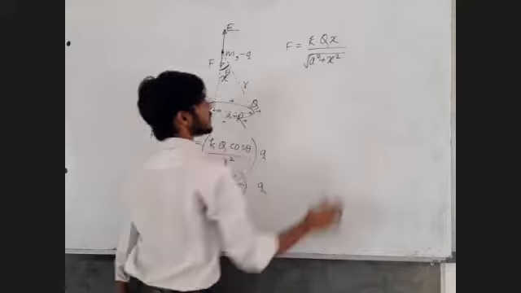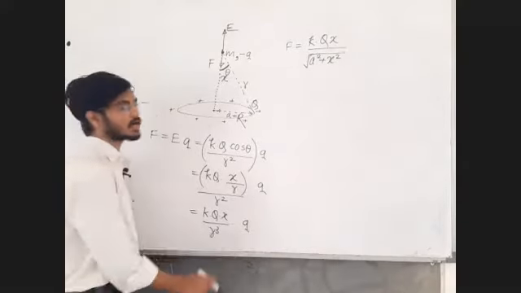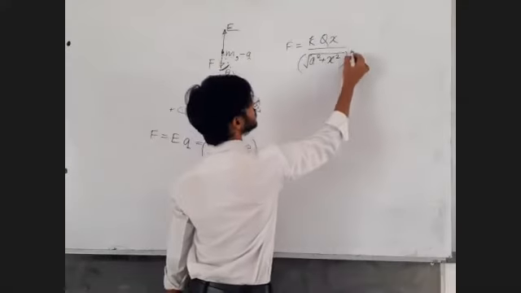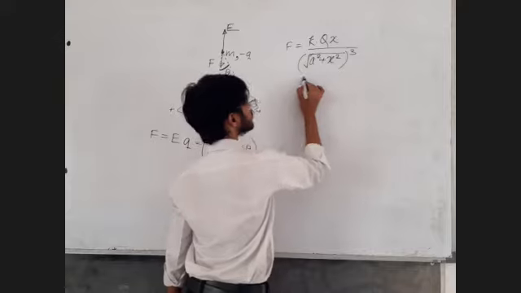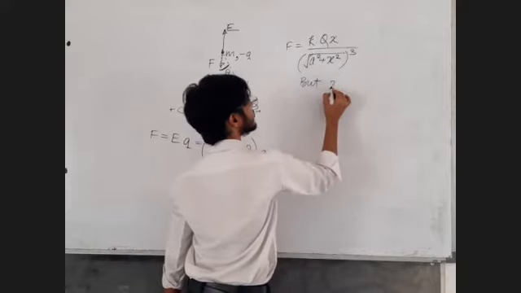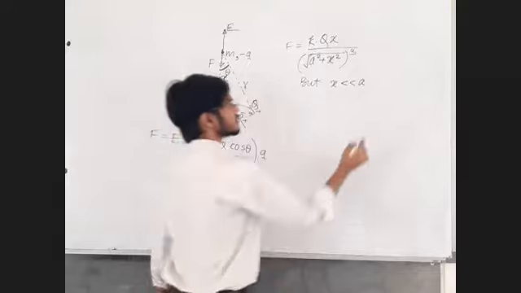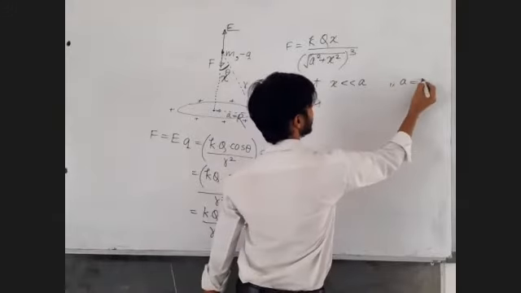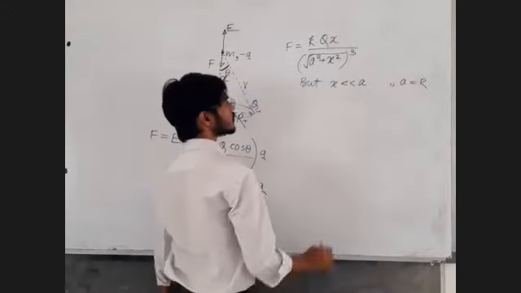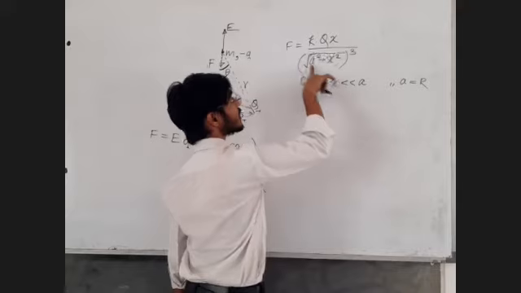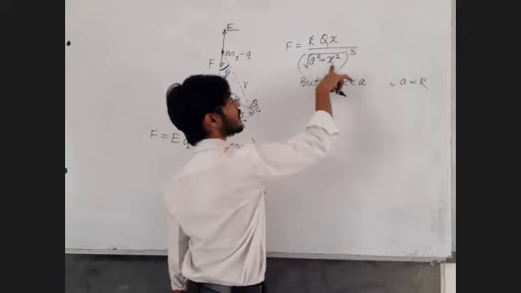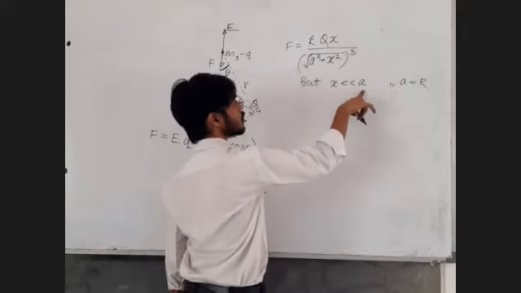So now you just replace the value of r, but it is already r cube. But it is given x is very, very less than R, where R means the radius, capital R. So we have to neglect x square in comparison with a square. A square is going to be very large.